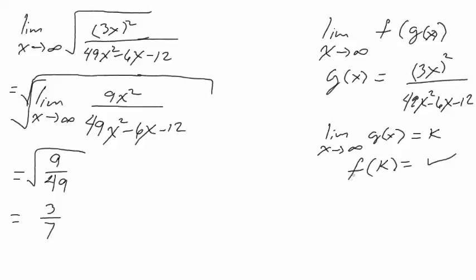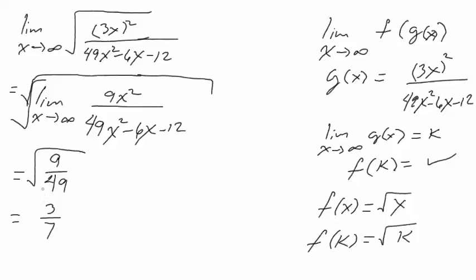Now let me go back to this piece over here. In this particular one, f of x would be considered the square root of x, where when we take k and plug it in, f of k is equal to the square root of k, and k in this particular part would be this piece right here.